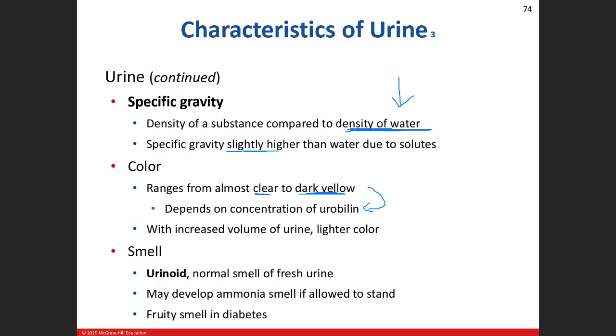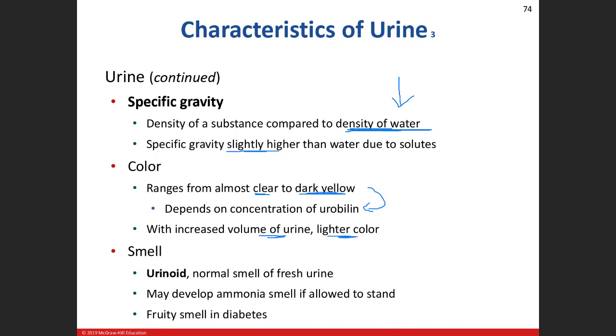So if you see an increase in urobilin, then you might start to suspect that this person is having an increase in red blood cell breakdown. That's the problem. It could be several reasons. There could be some sort of anemia that's suspected. Okay. If we increase our fluid intake, then we'll see a lighter color in the urine.